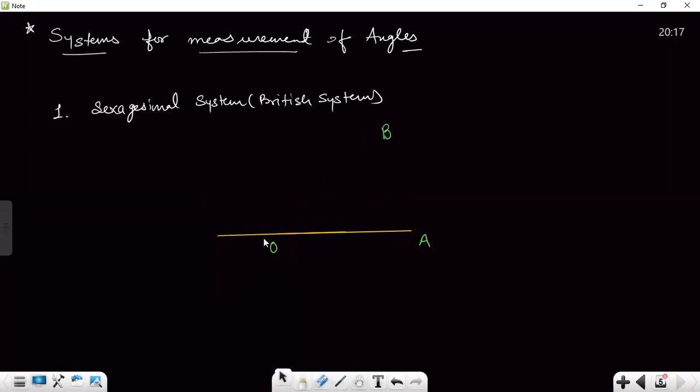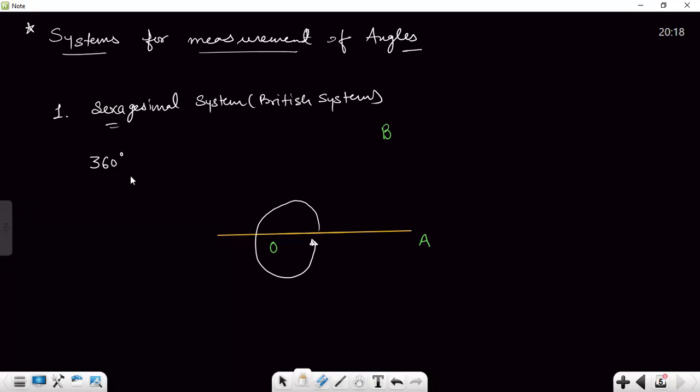This can move like this, making a circle. If this ray starts moving around and completes a full circle, then the whole angle it has made going from here to here again, making a full circle, is referred to as 360 degrees.